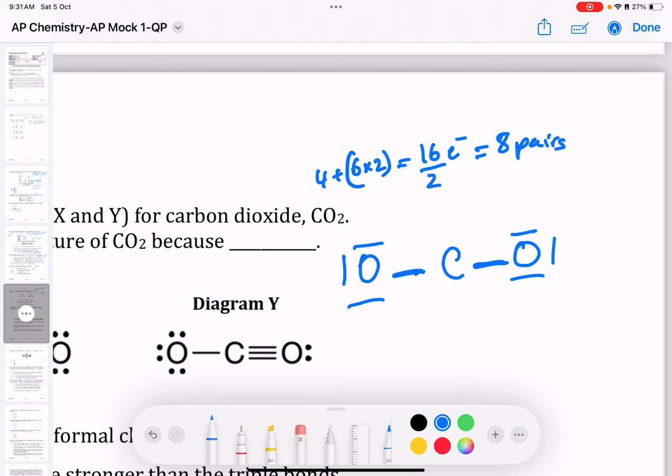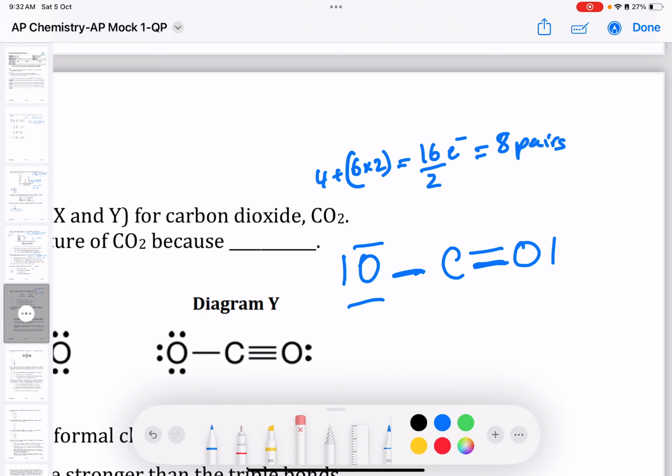Now, when we're done with this part, we check the central atom. If the central atom completed the octet, then we're done. But in this case, the central atom did not complete the octet. So we start removing pairs from the terminal atoms and placing them as shared pairs between the central and the terminal atoms. We have 2 ways to do that.